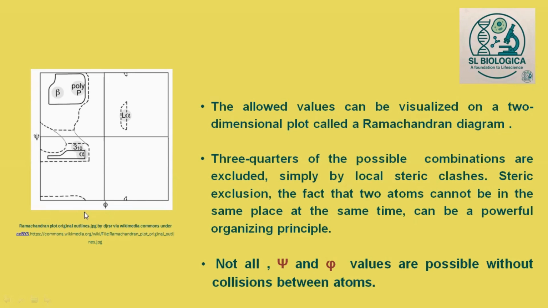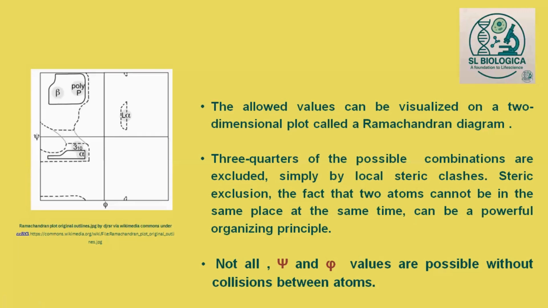Phi is the N-C alpha bond. Psi is the C-C alpha bond, right? Three quarters of the possible combinations are excluded simply by local steric clashes. So based on its conformation, each plot represents each conformation of protein.